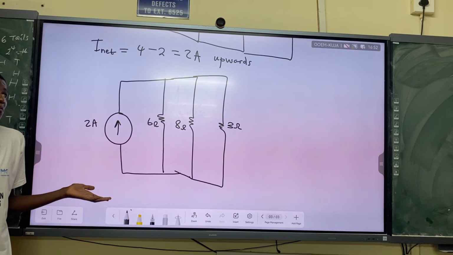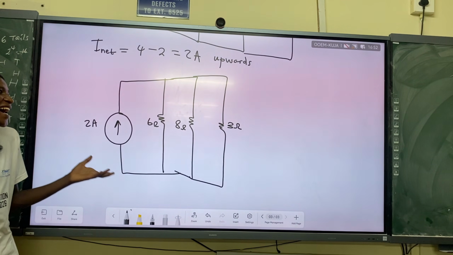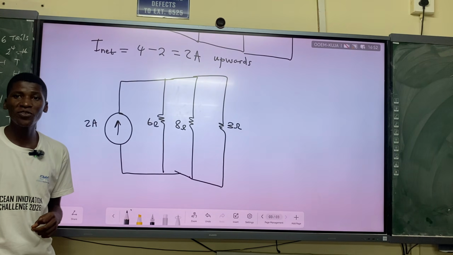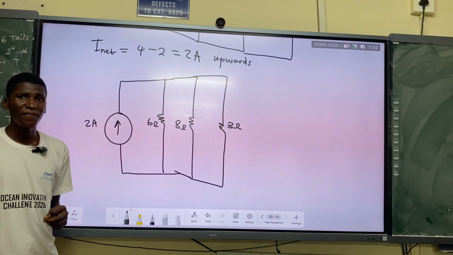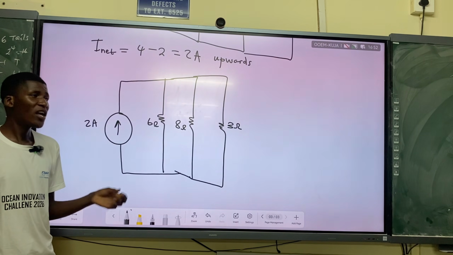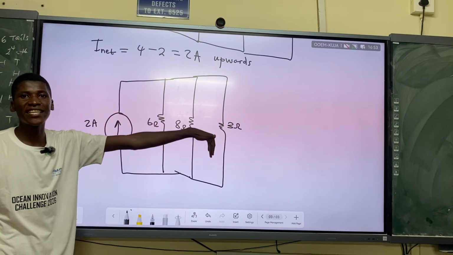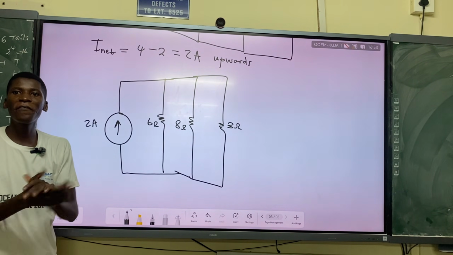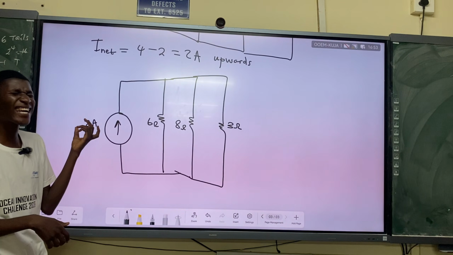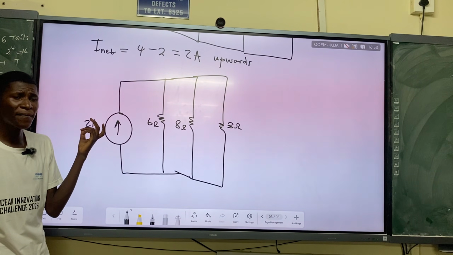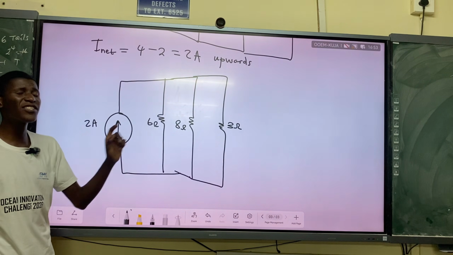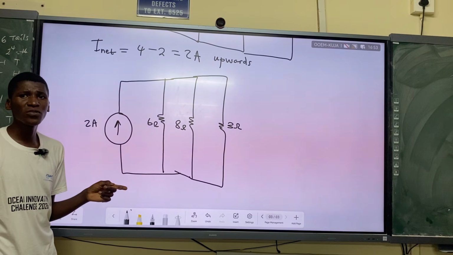So suppose they ask you to solve the current going through the 3 ohms resistor, will it divide? It will divide, because this current is going to be divided into 3 branches. So you can find the total current. We know the total current here is 2 amperes. Suppose you find the current in the 8 ohms resistor. Can it divide?